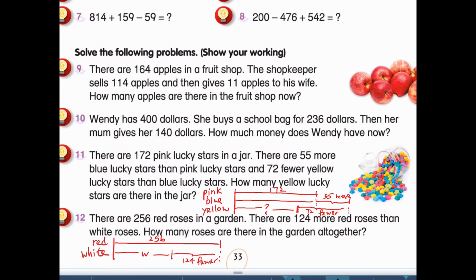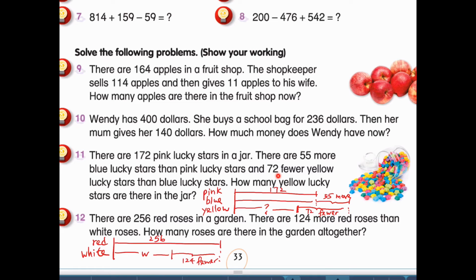For question number 9 to 12, I mainly want to talk about the last two questions. Question 11: there are 172 pink lucky stars in a jar, and there are 55 more blue lucky stars than pink lucky stars. So for blue, we have 55 more than the pink ones.